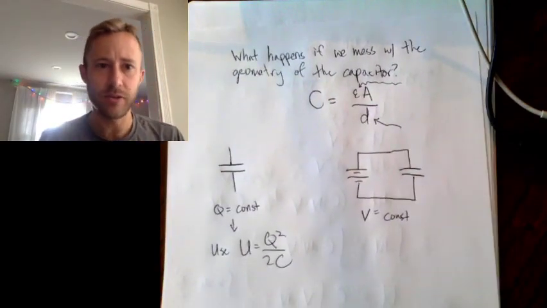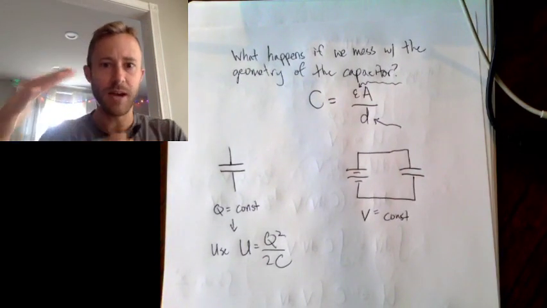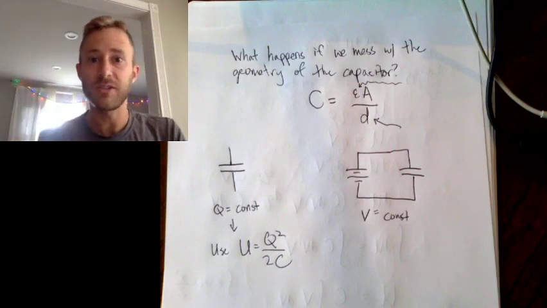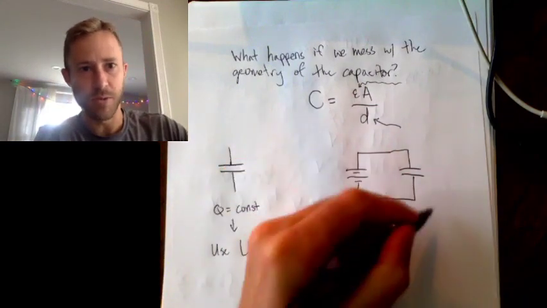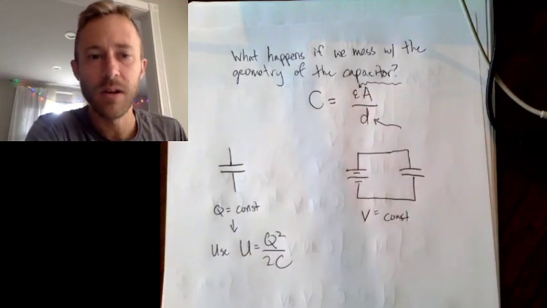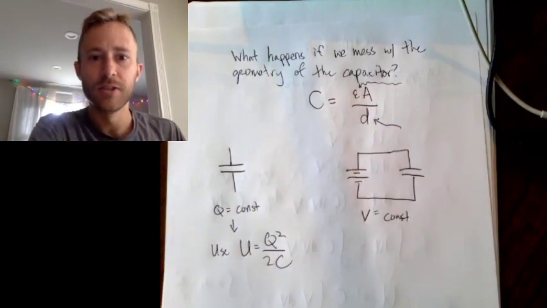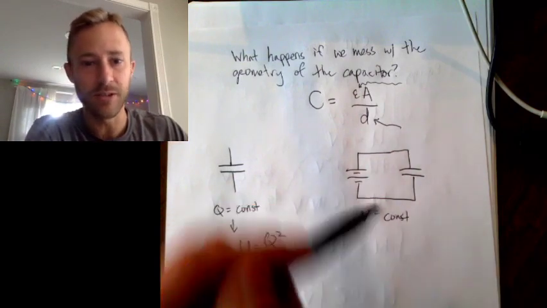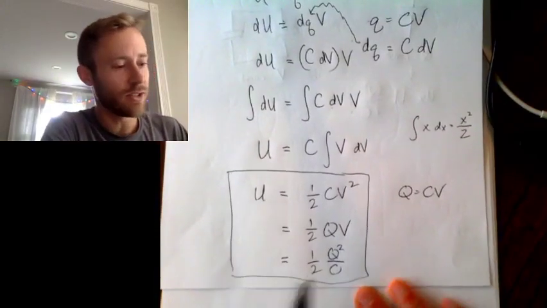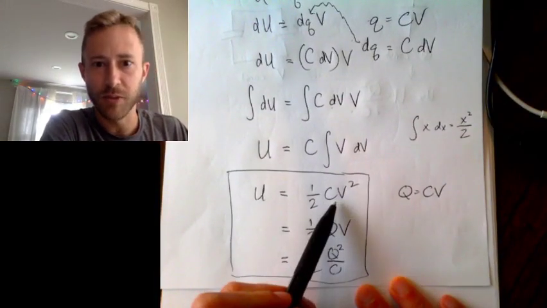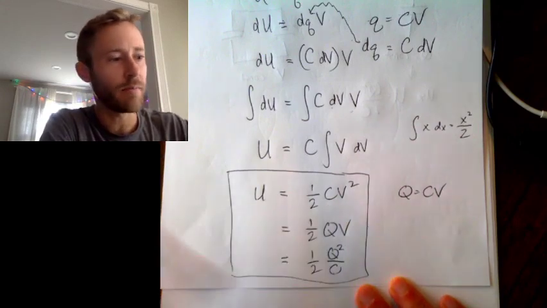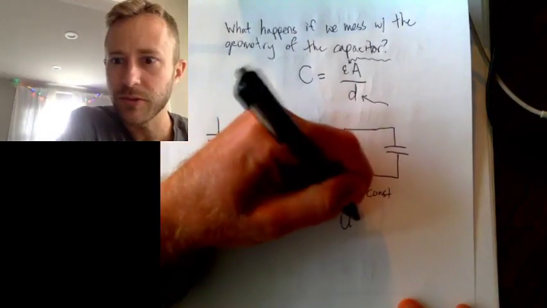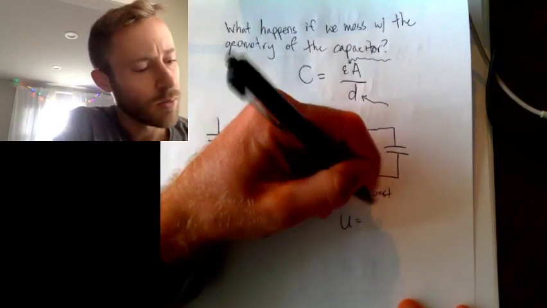And as we adjust the capacitor, the charge on the capacitor plates can actually change because the battery will move charge from one side to the other while you're doing that. So in this case, charge is not constant, but the voltage is. So we want to use the version of the equation that doesn't have charge in it. So for this one, we use U equals 1/2 CV squared.